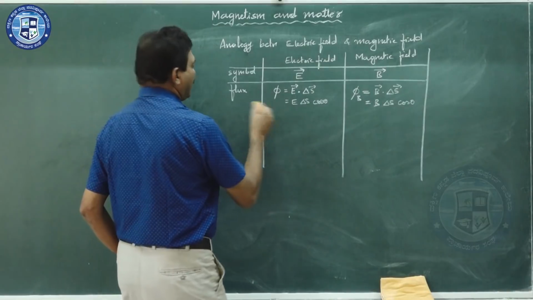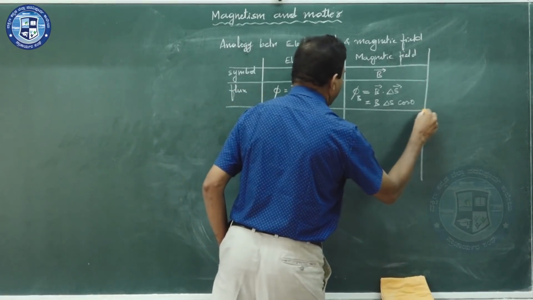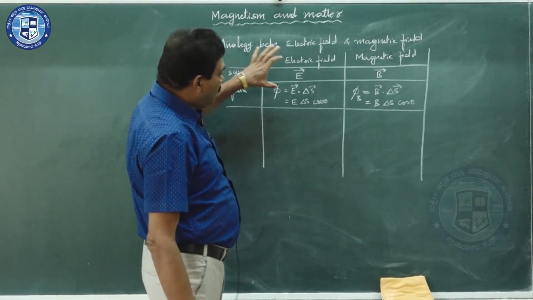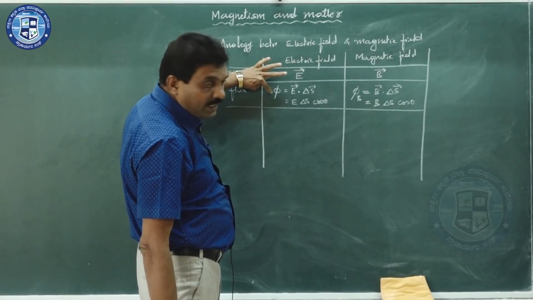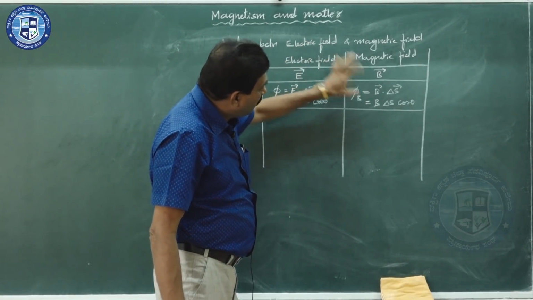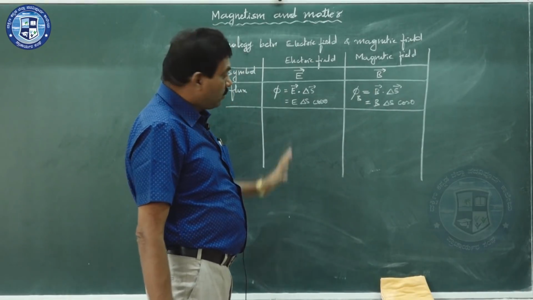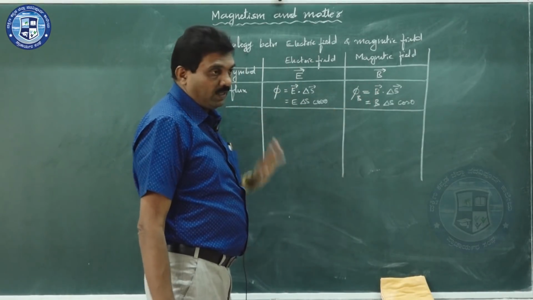Magnetic flux and electric flux. I have written here it is flux, but when you come to this column you should take it as electric flux. When you come to this column it is taken as magnetic flux. So, electric flux here, magnetic flux here.